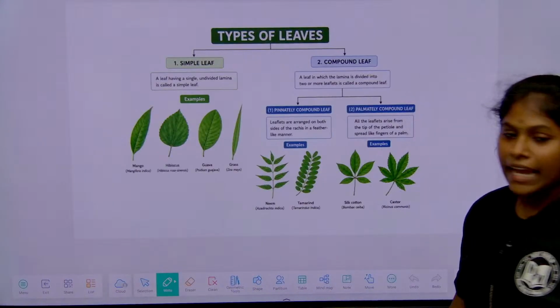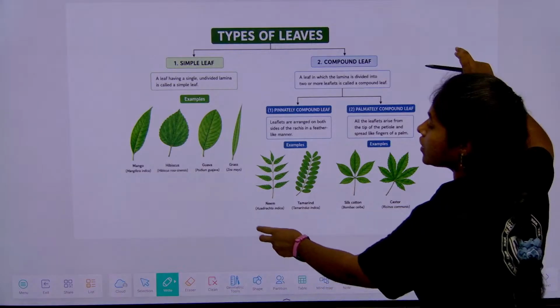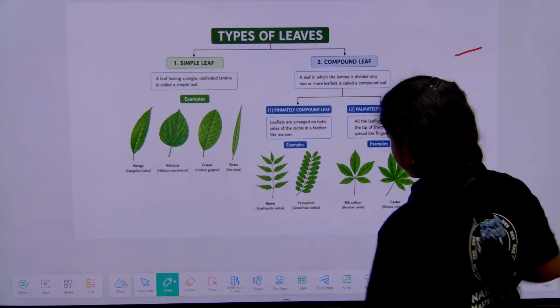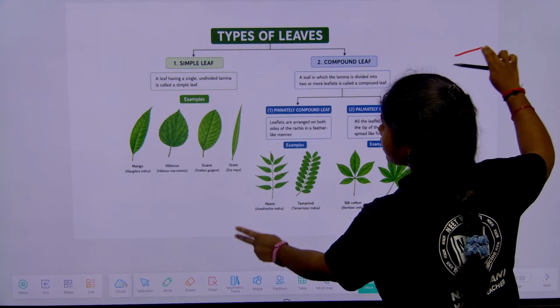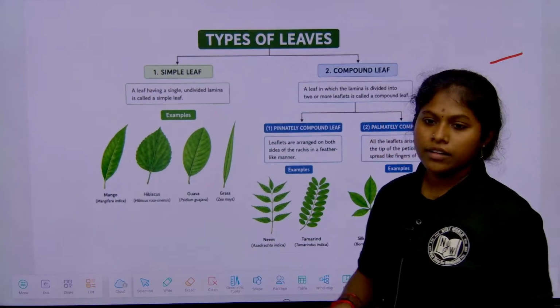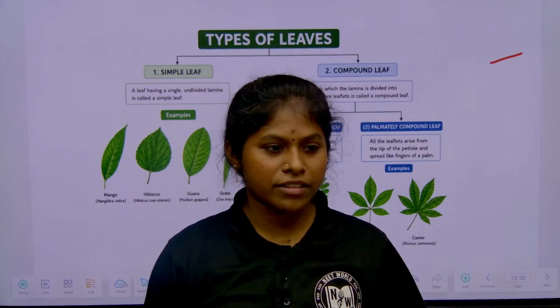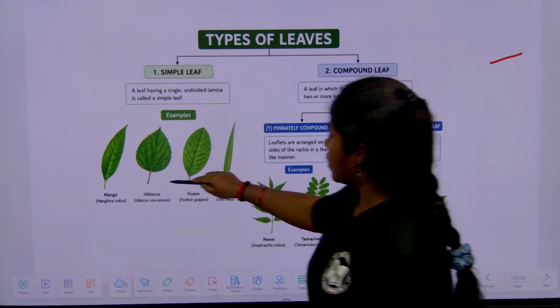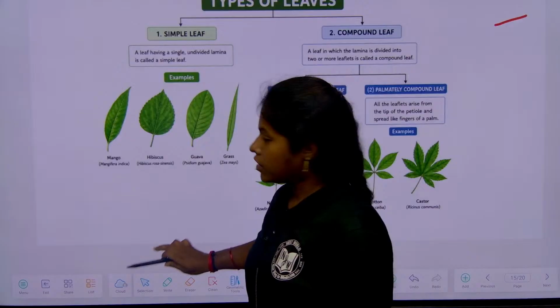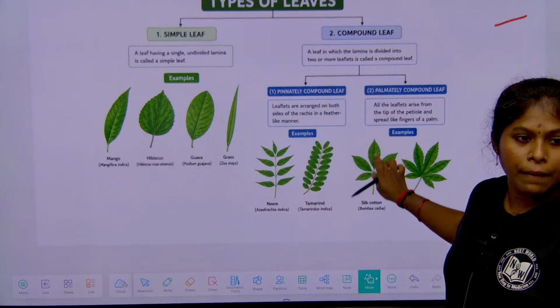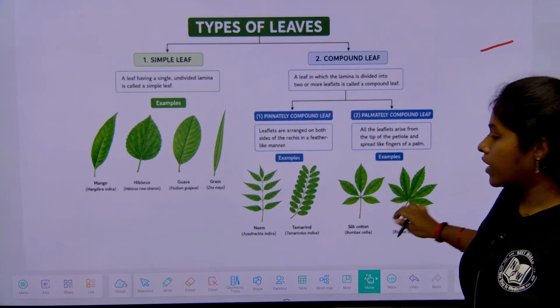Types of leaves. How many are there? Simple leaf and compound leaf. Simple means it does not have any complex structure, only one leaf will be there. In the compound leaf, many leaves will be there on one midrib.